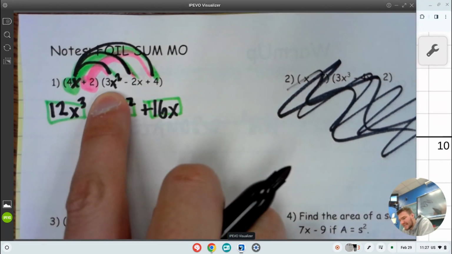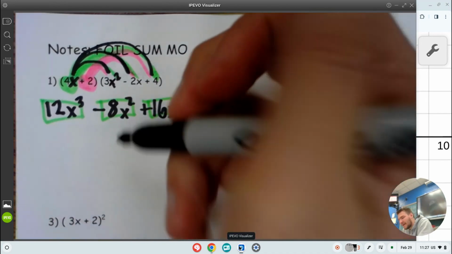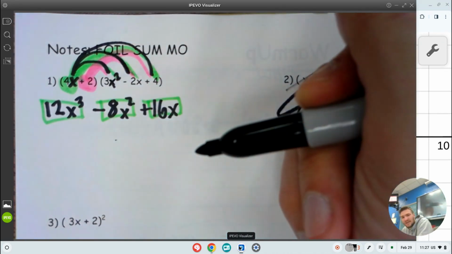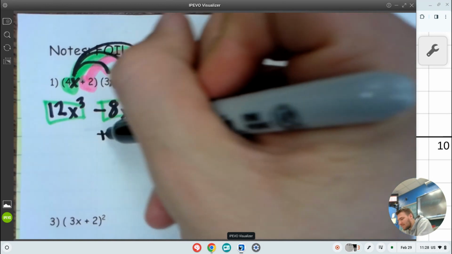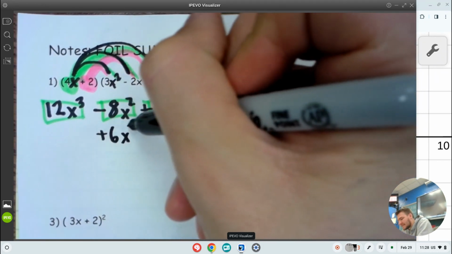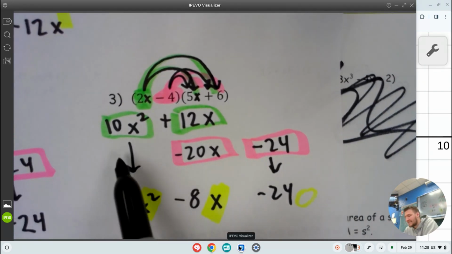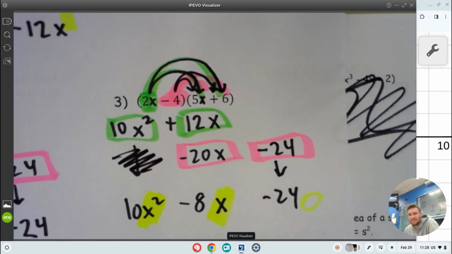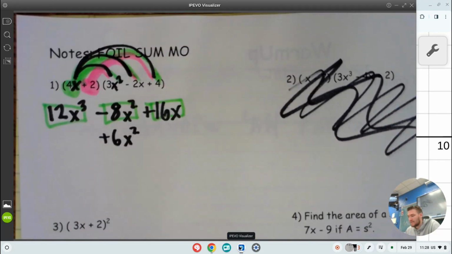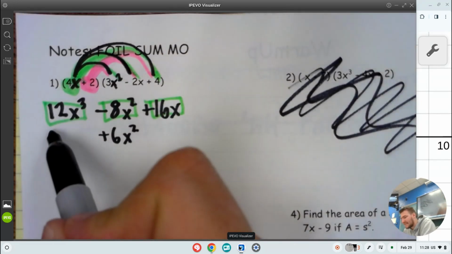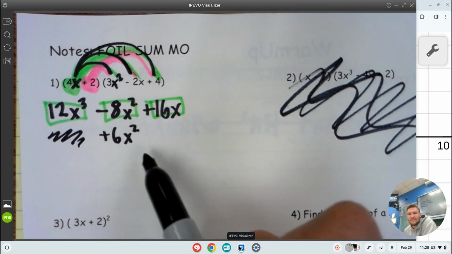That 6x squared, let's put it right here underneath the x squared, plus 6x squared. Just like on the front, we kind of skip the first spot and we slide it over.